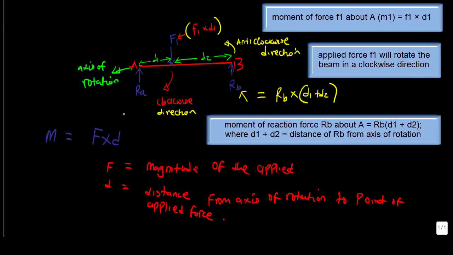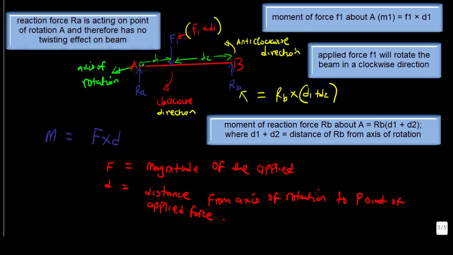And finally, we're going to look at the effect of the reaction force RA on the beam. Now you can see that the distance of the reaction force RA from our axis of rotation A is 0. So that means this reaction force has no twisting effect on the beam.